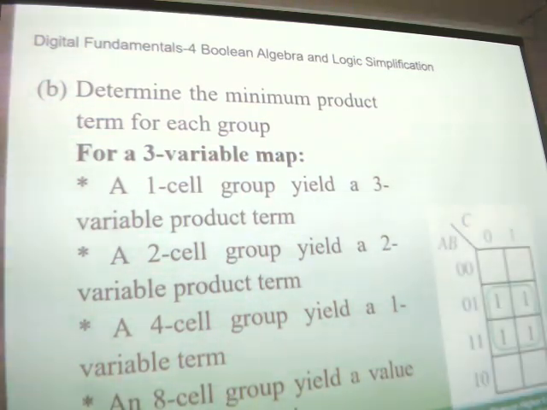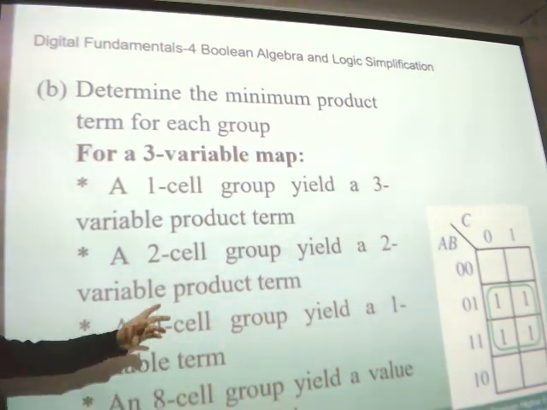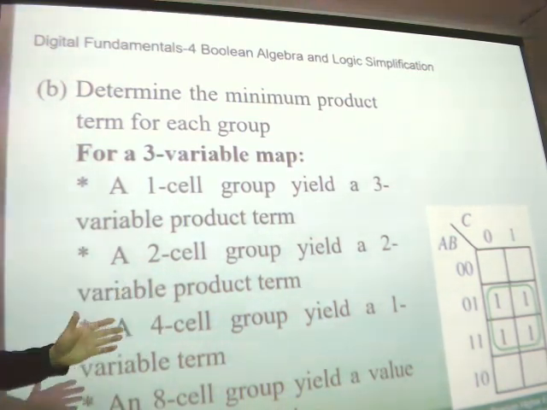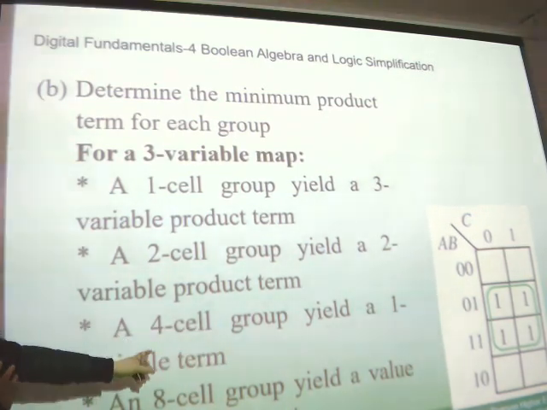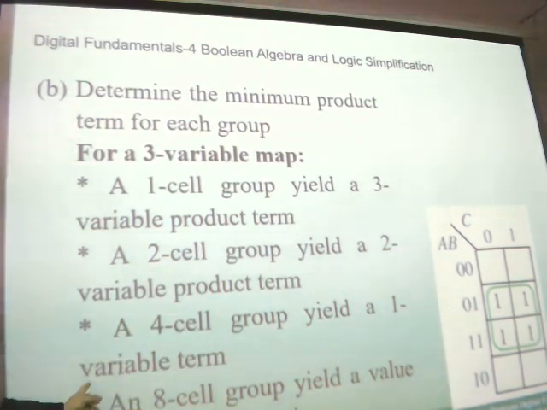For example, this 3 variable Karnaugh has a 4 cell group. So this group yields a 1 variable term, B.